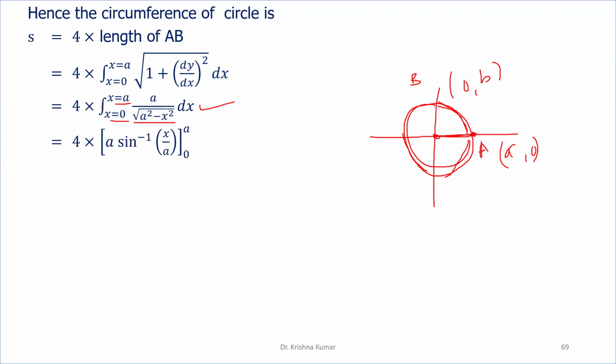Now we can take a outside. What is the integration of 1 upon root over a square minus x square? This is nothing but sine inverse of x by a, under the limits 0 to a.